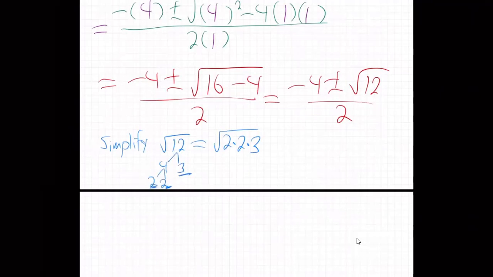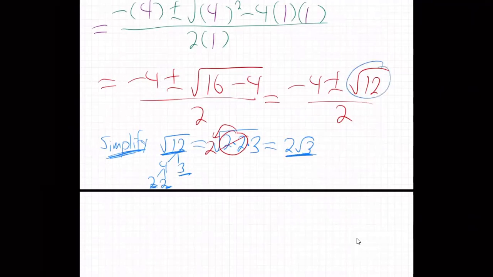So we get 2 times 2 times 3. And then remember, square roots are a 2-for-1 deal. Two 2's in, one 2 out, they're gone. So this equals 2 square root 3. So we simplify the square root of 12 to be 2 root 3.